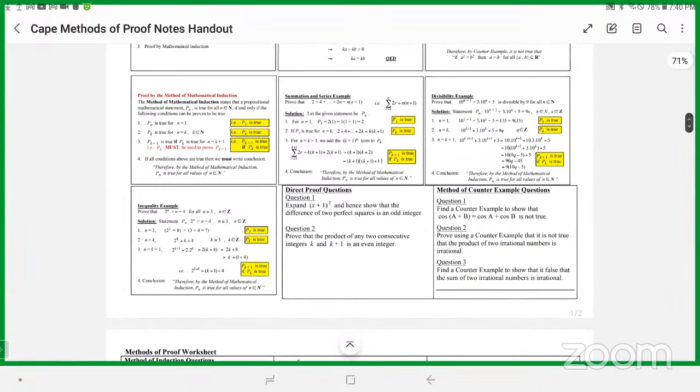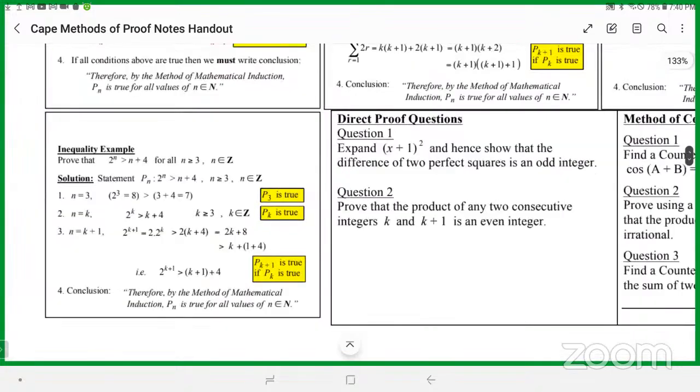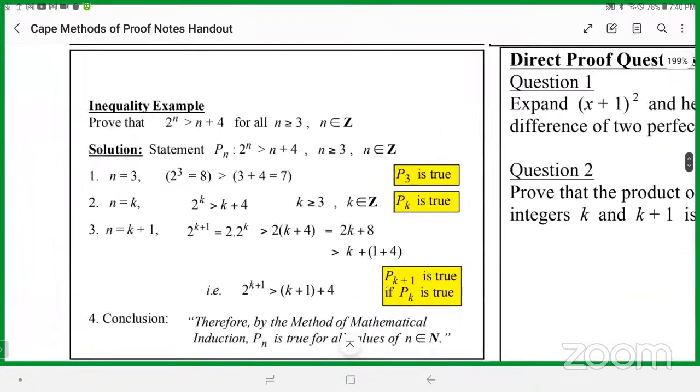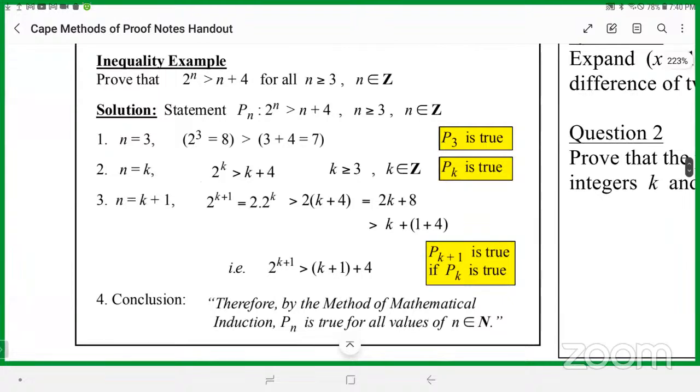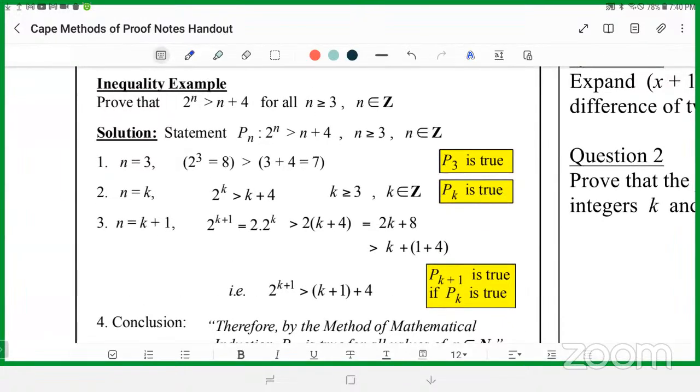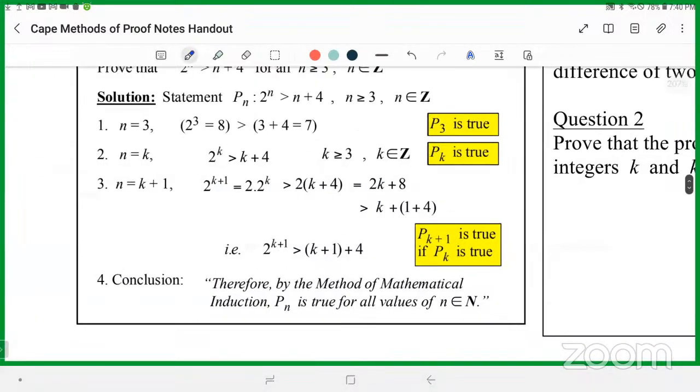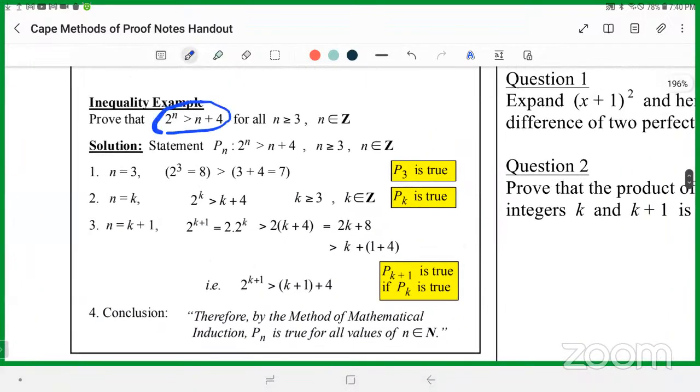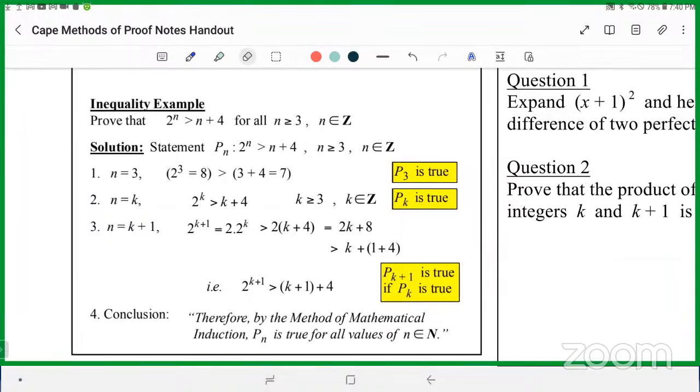Right, see here. This is it right here on the screen that you're looking at right now. That's an inequality type. Okay? You're proving this thing, for n greater than or equal to 3. All right. So let me go through it. Show you.